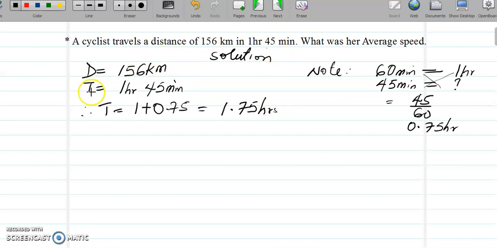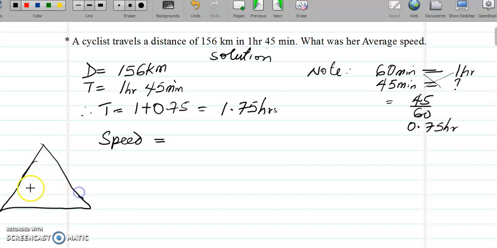Now we have the speed. We're looking for the average speed, because speed is always mentioned as an average. If we use the triangle, here is distance, speed, time.